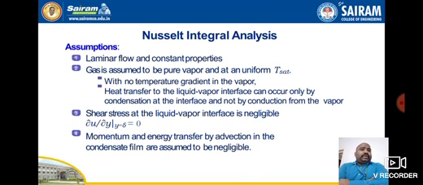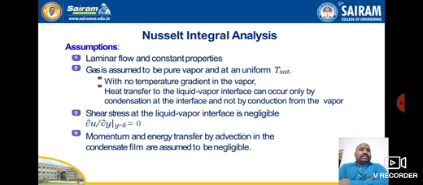Now we have to analyze the Nusselt integral analysis. While understanding the analysis of condensation or boiling, some assumptions are made. Here also the scientist Nusselt has given some assumptions.